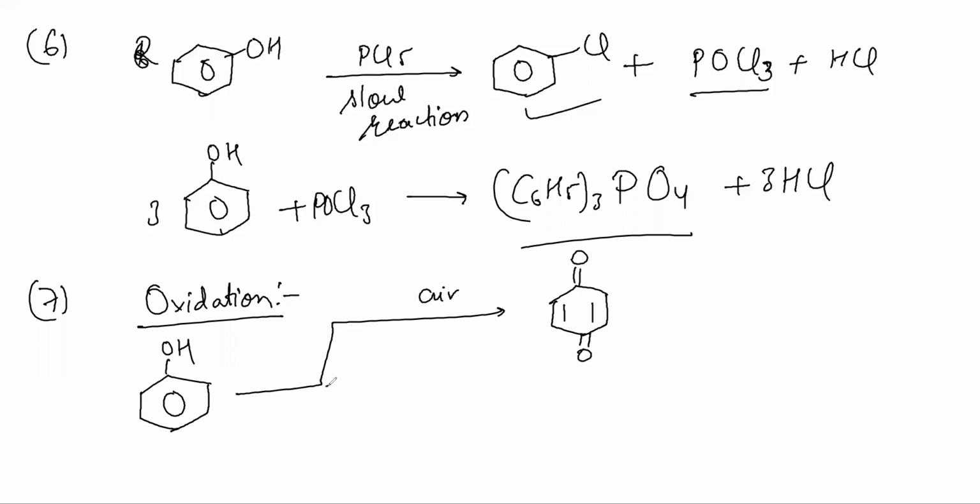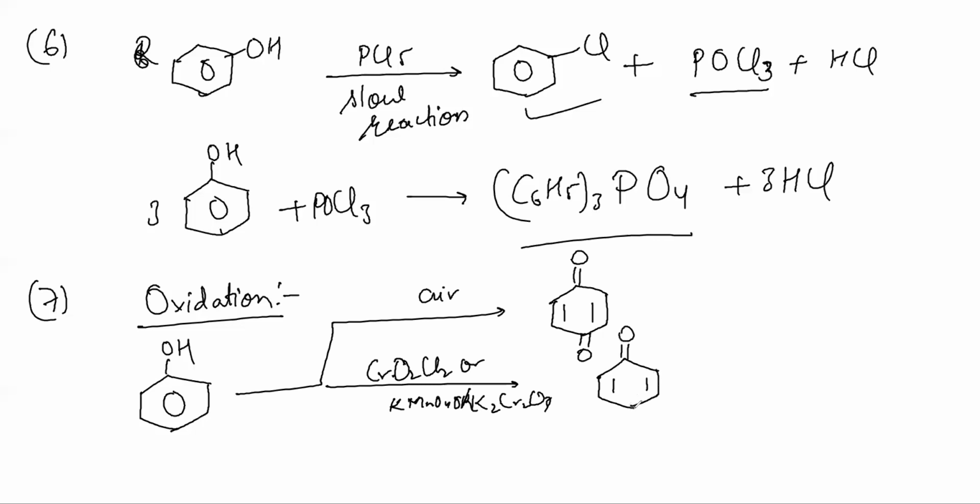If you treat your phenol with CrO2Cl2 or chromyl chloride or KMnO4 or K2Cr2O7, you get the same product. We call it benzoquinone.